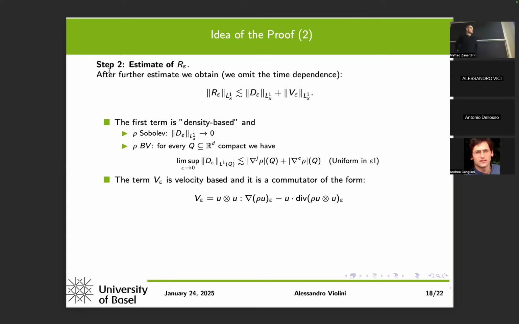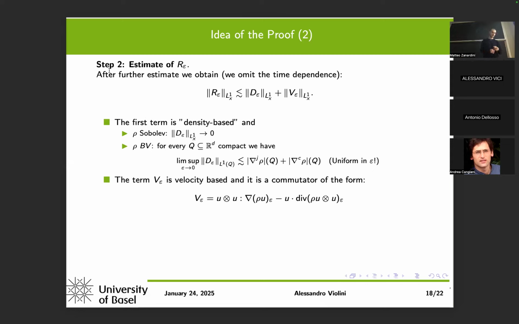The second term, B epsilon, is more velocity based. So the first term just matters more or less the regularity of the density. For the second term, what matters is the regularity of U. And you get this very long commutator in our case. And if you are not regular, you can prove that this will converge to zero. It's a commutator. Unfortunately, here I cannot show you how to work with this because it's too long.